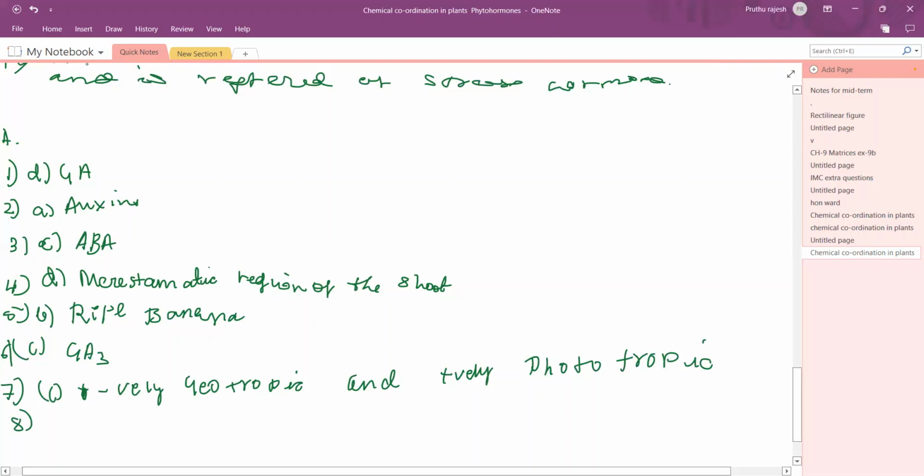Eighth question. In tropic movement, does the plant part move away from stimulus, towards stimulus, either towards or away from stimulus, or only towards water?